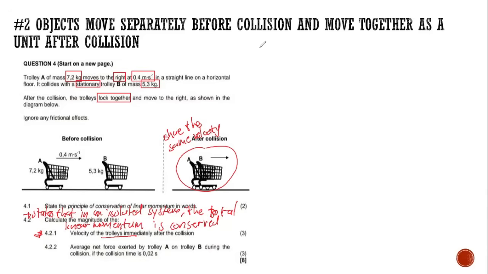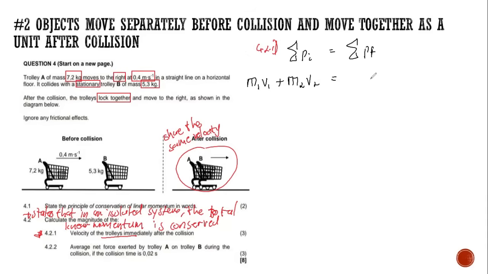Right, so now for 4.2.1, let's have our sum of momentum. Sum of momentum initially is equal to sum of momentum final. Because initially they are separate, we are going to have m1v1 plus m2v2. We understand 1 for trolley A and 2 for trolley B. But then what happens finally?